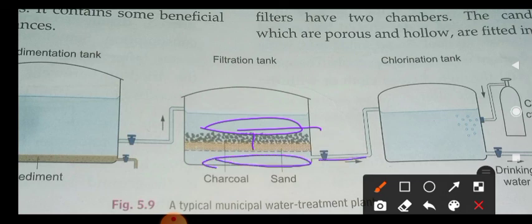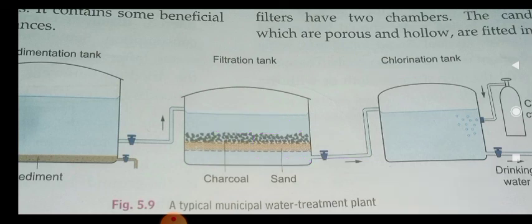This clear water is again sent to the chlorination tank, where chlorine is added to the water in order to kill the germs present in it. Sometimes you may have this experience: the water smells of chlorine. This is because of the chlorination process.